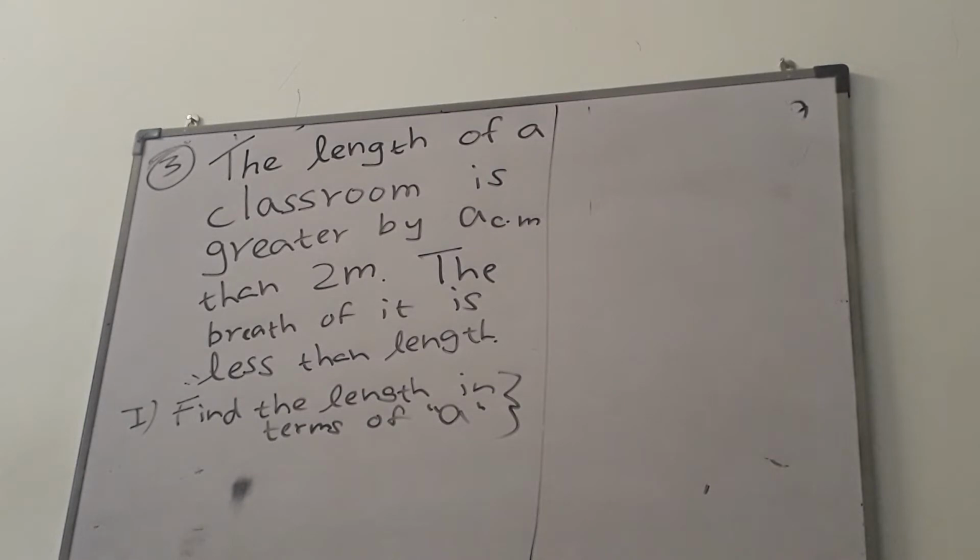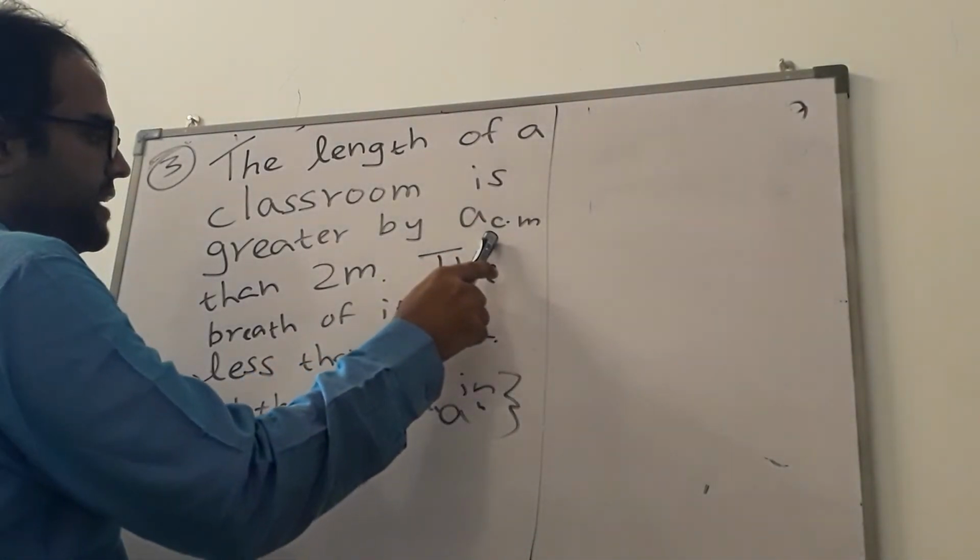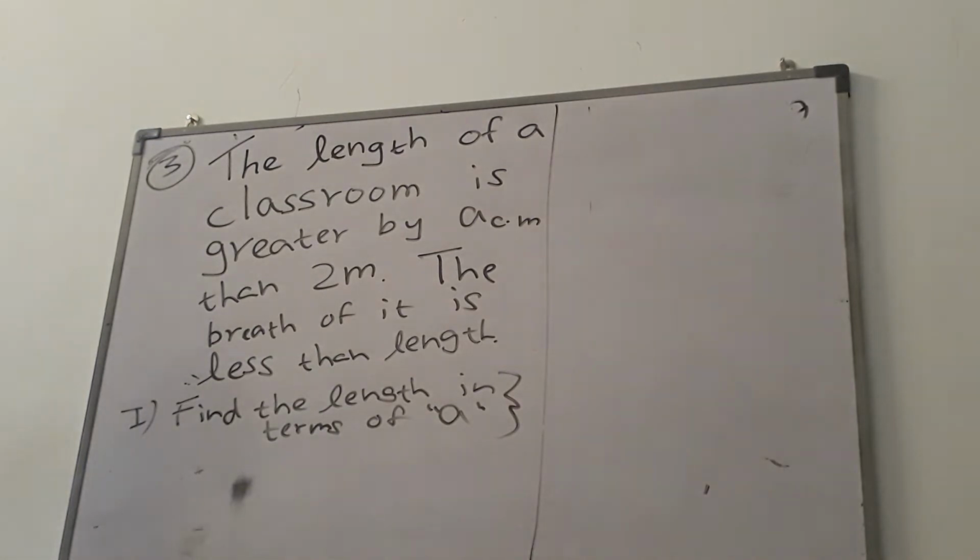The length of a classroom is greater by A centimeters than 2 meters. One unit is centimeters, the other is meters, so first of all we have to convert meters into centimeters.